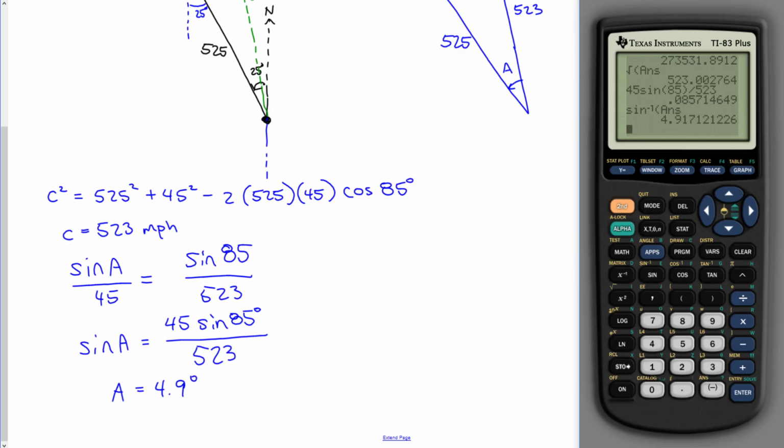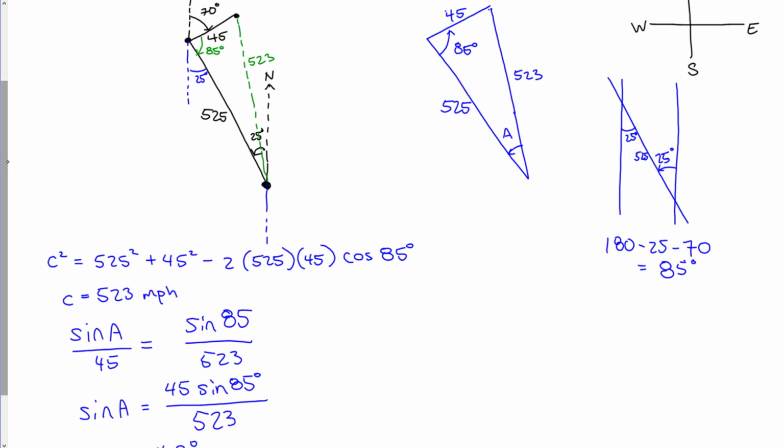Now that's not my new bearing, because let me show you where that is on my chart. Angle A is this right here in my chart. So that's 4.9 degrees that way.